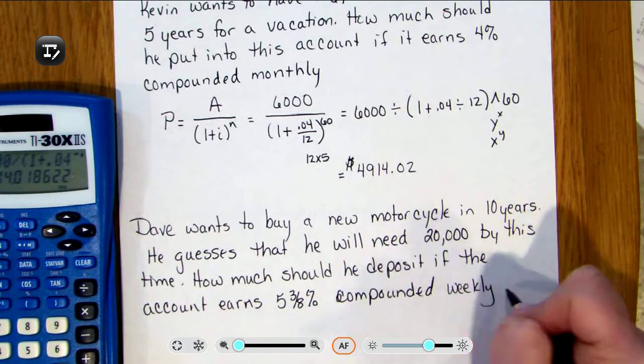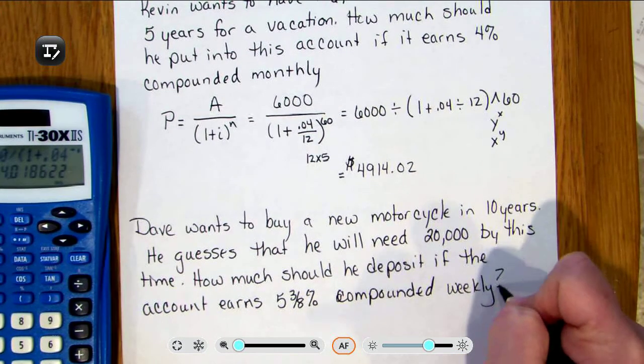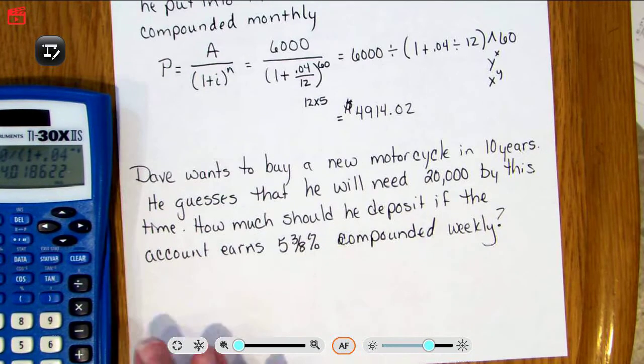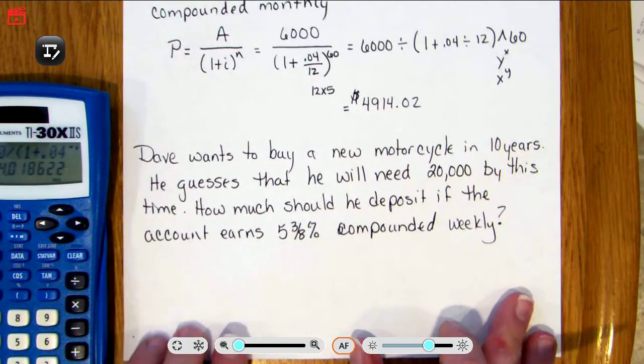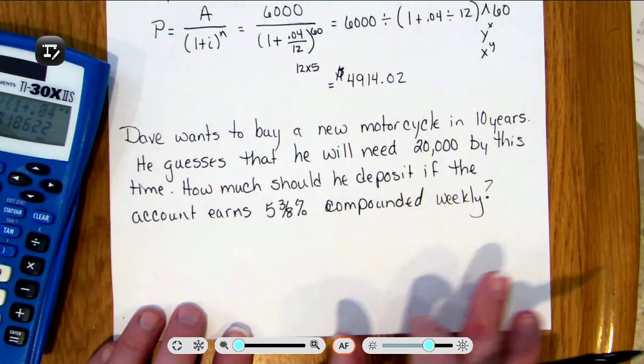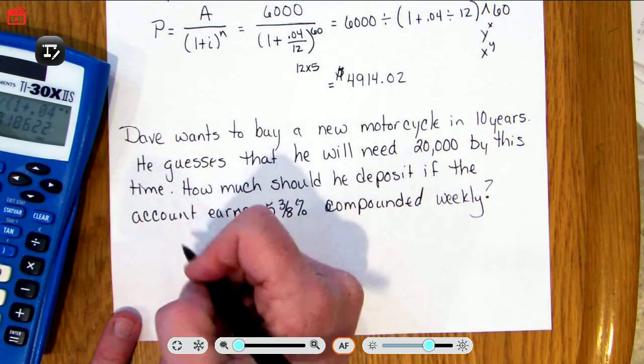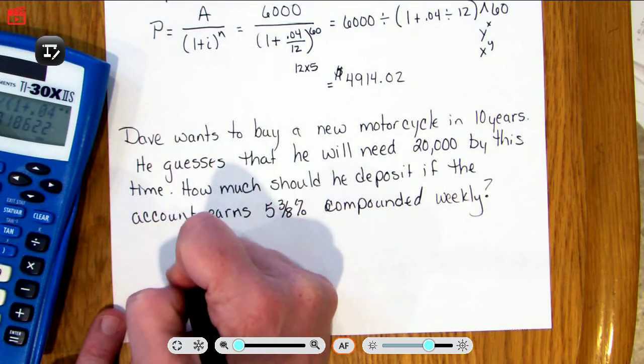Which of course never happens, but our examples don't have to make sense. We just have to learn how to work them. That's the fun thing about math, is I can make up problems that are not realistic in nature, and that is okay.